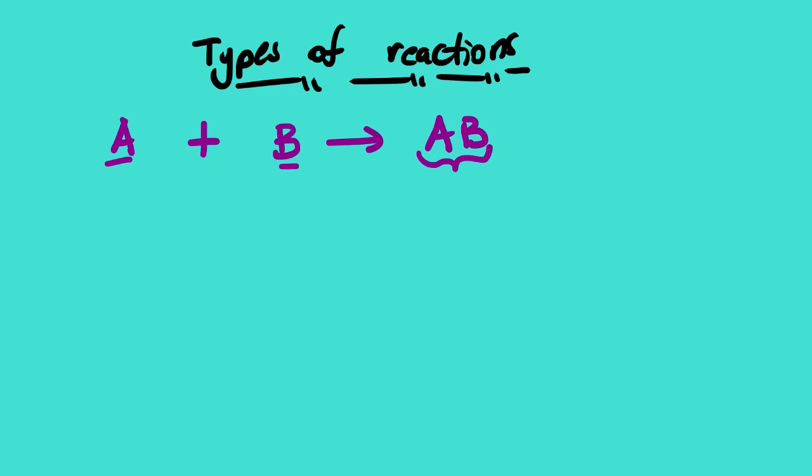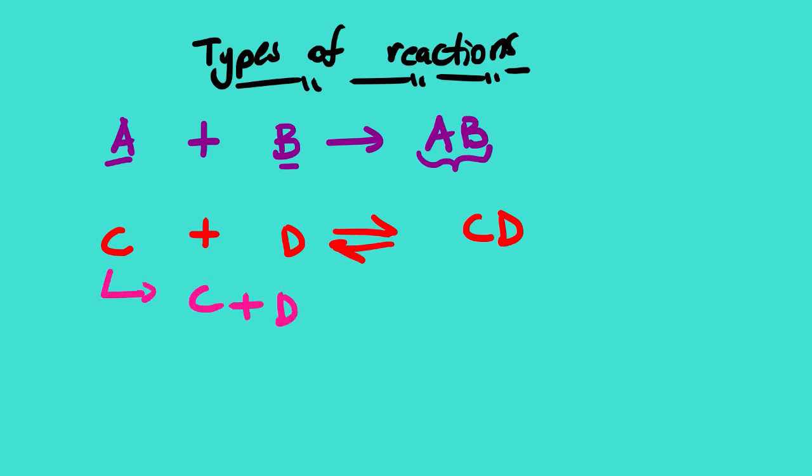Now talking about a reversible reaction, it's when we react C and D to form CD. At the same time, we can have a decomposition of CD to form C and D. So in this case, we actually have two reactions here. The first one is C plus D to give us CD.